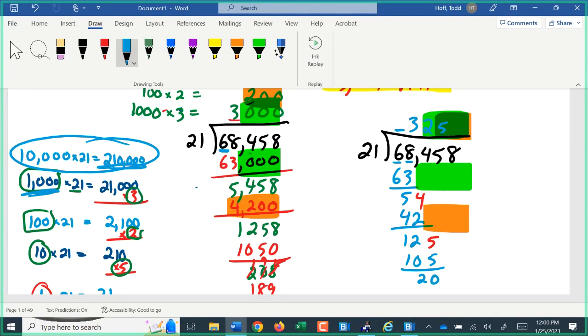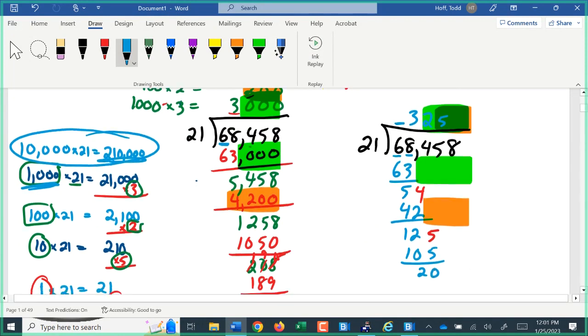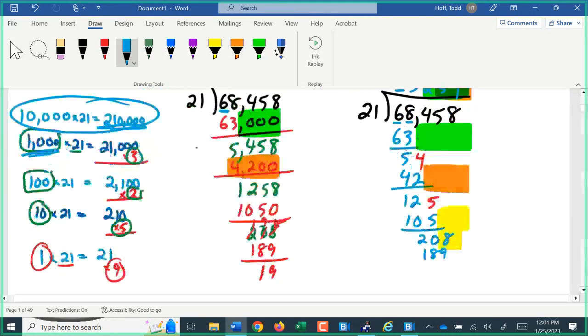Leaves us with 20. Again, just left off zeros, there and here. So anyway, bring down that last digit, the 8. That goes in there 9 times, which is the 189. So that leaves us with the remainder of 19.